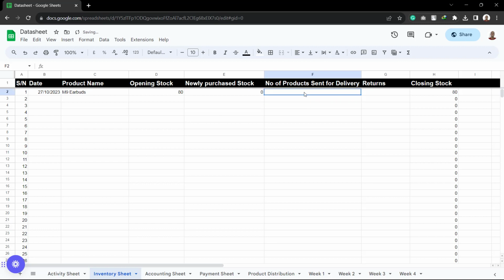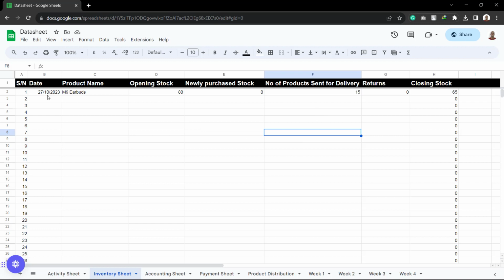For the number of products sent out, let's say we ran our ads and we had maybe 20 orders, but out of the 20 orders we were able to confirm maybe 15. Those 15 products were sent out for delivery, so 15. The next one is returns. We didn't have any returns as of today. So we can see that because we have sent out 15 products, we have 65 products as our closing stock. For our closing stock, we don't need to touch it, it's just going to calculate it for us.